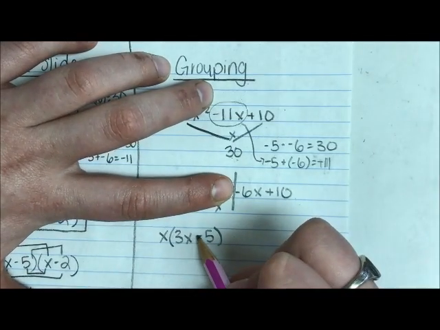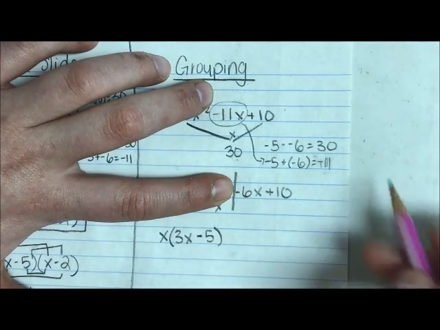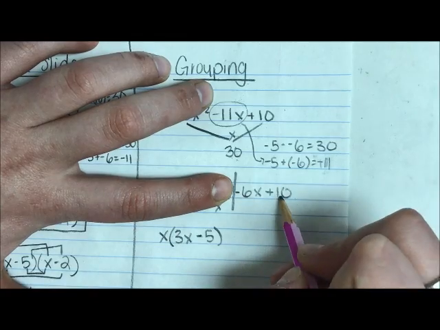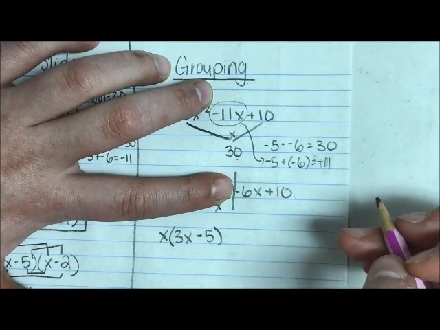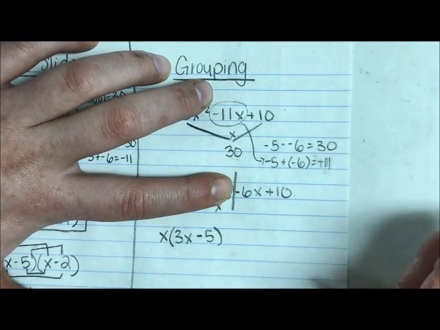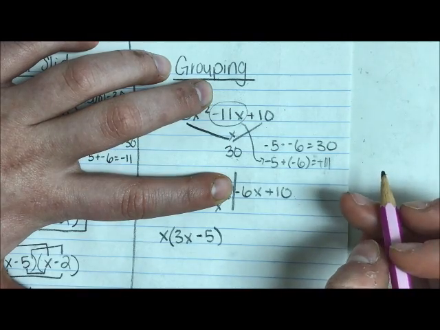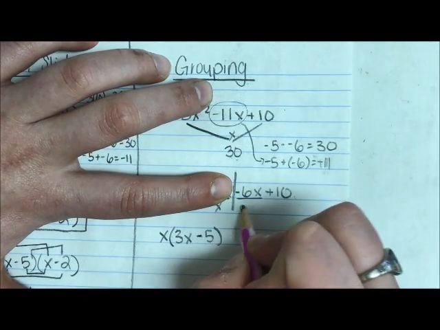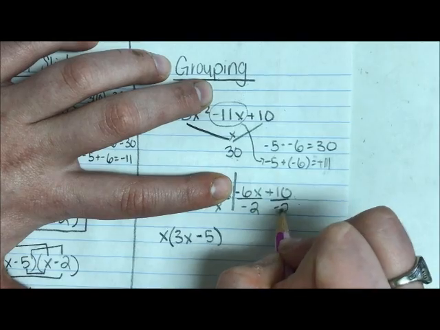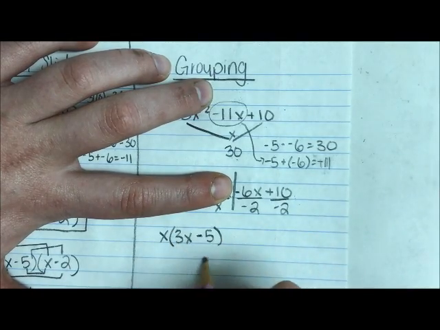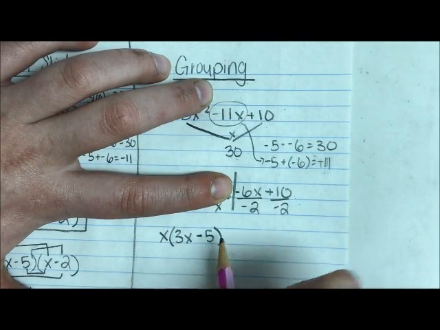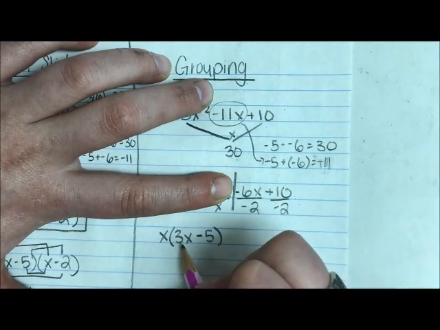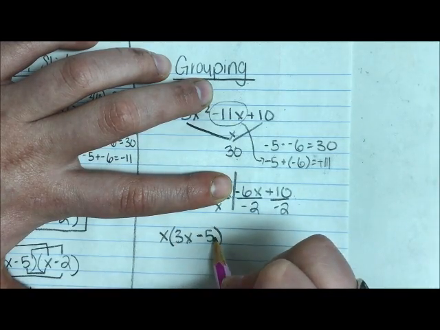I know that I'm going to need to have a negative in the middle, and I see that -6 and 10 both have a common factor of a +2 and a -2. I'm going to go ahead and factor out a -2 because I want my binomial left over after factoring that out to be 3x minus 5.